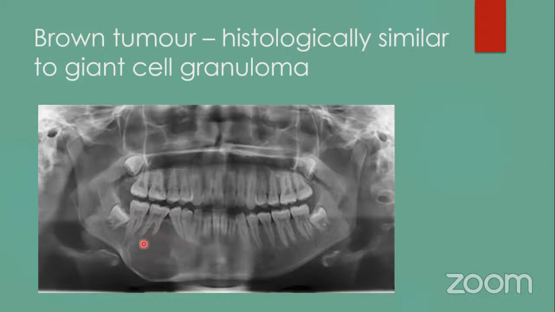We can only get this through the histology, as well as working up the systemic features, for example, checking the blood levels of calcium, checking the hormonal levels like the parathyroid hormone. Then you're really able to tell why we are having such a lesion.